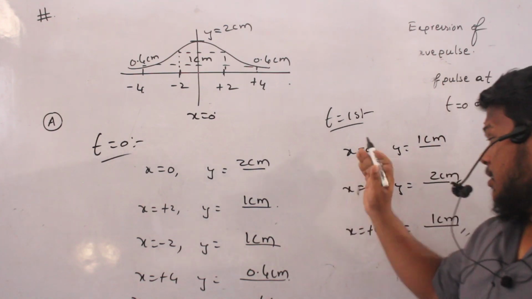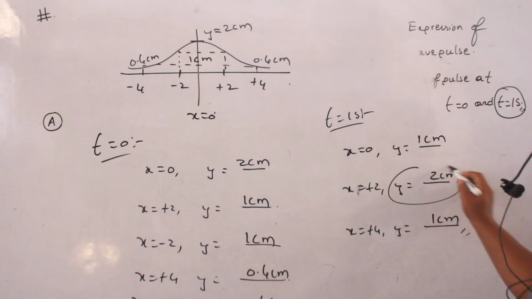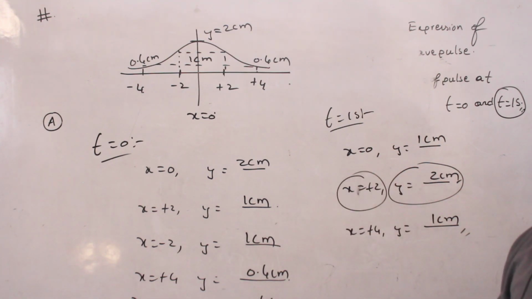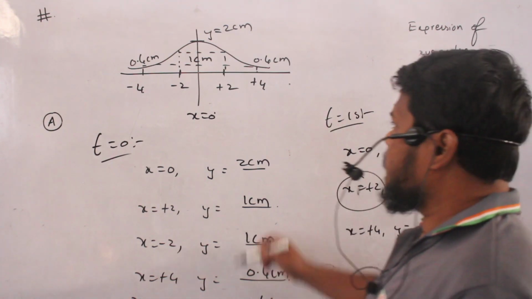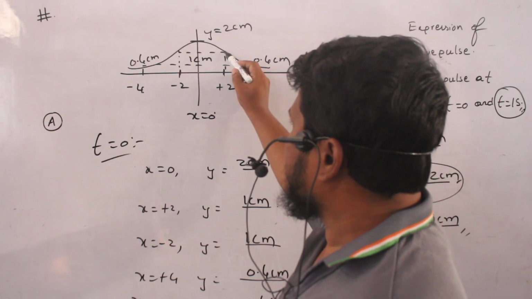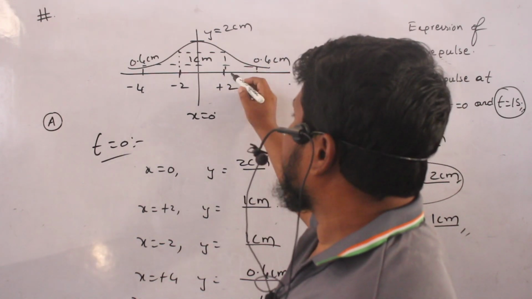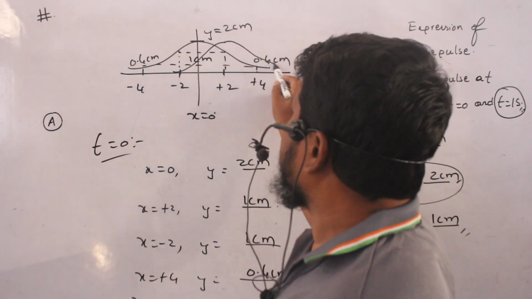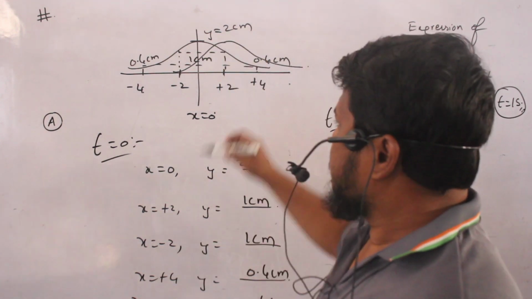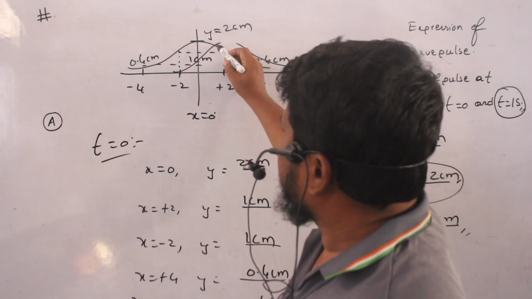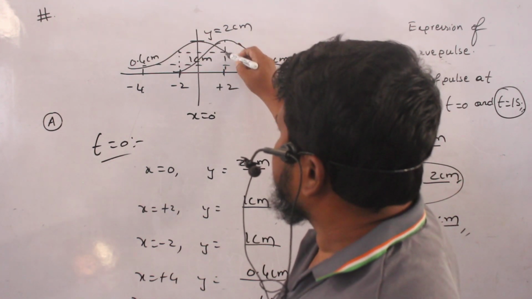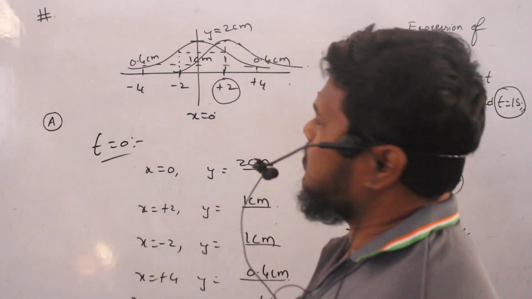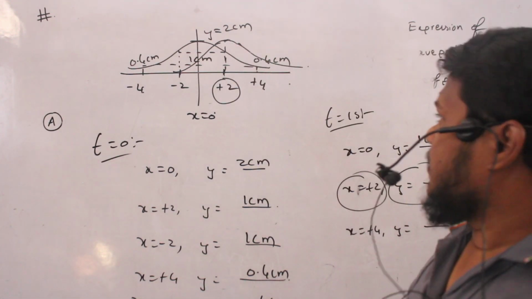If you observe the graph at t is equal to 0, then we have maximum value at x is equal to 0. But here I can draw graph like this. Here I can see that the maximum value is obtained at x is equal to plus 2. Are you able to understand me?